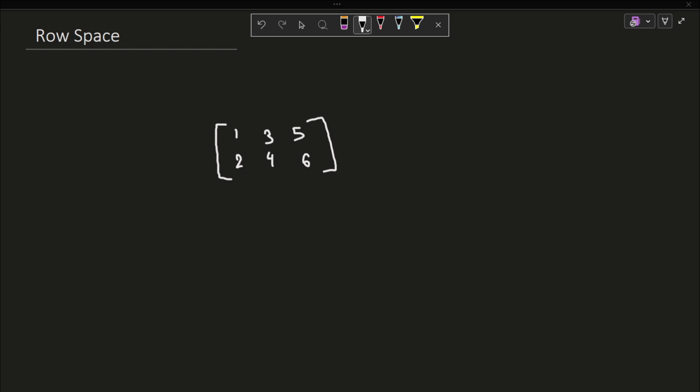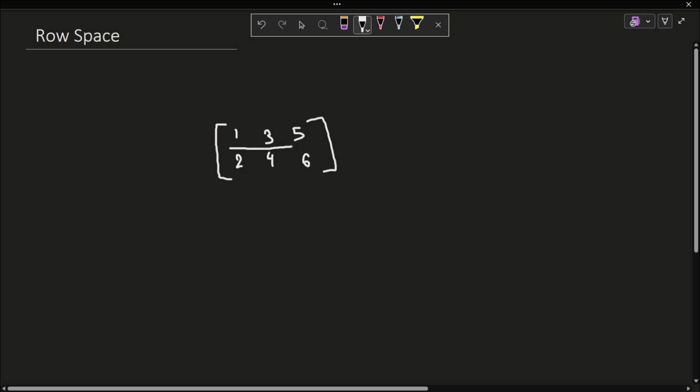And so what if we consider each row in this to be a row matrix? If it's a row matrix, then we can call this a tuple. So 1, 3, 5 looks very similar to the tuples we've encountered in previous videos.